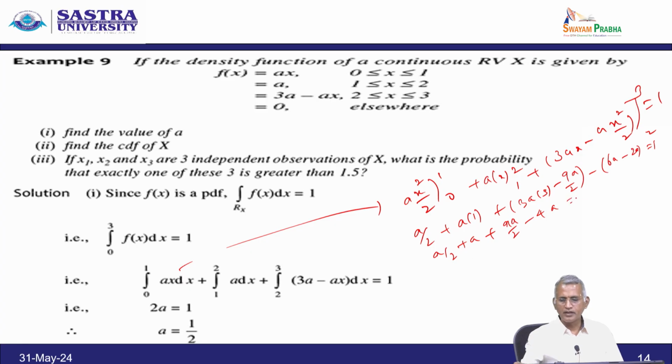Now you take the LCM, and the net value is totally 2a. 2a equal to 1 implies a equal to half. So this is derived here. We have taken the values from the integration of the probability density function, so that the a value is determined.